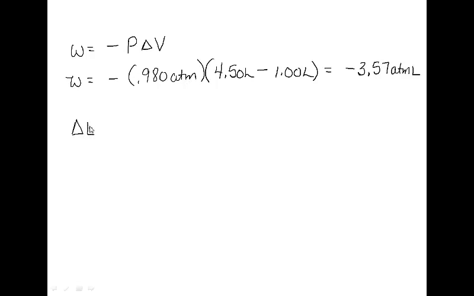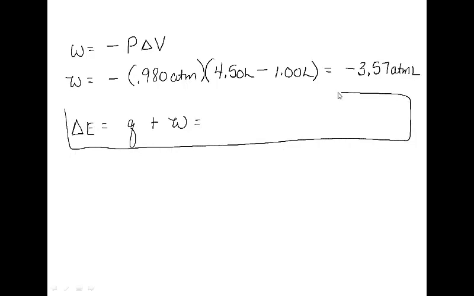The change in internal energy is heat flow plus work. Well, I just calculated work. But a couple of things I want you to know. So I'm going to box this in. This is where we're going to fill it in.